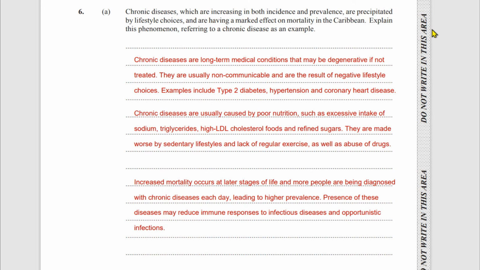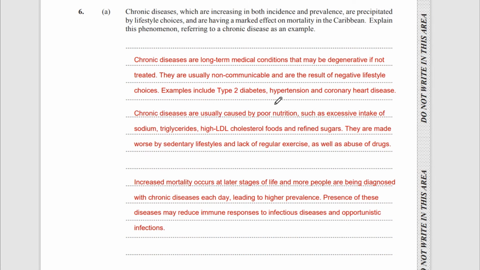And they usually are degenerative, or they may progress into something worse over time if not treated. Examples like type 2 diabetes. They are usually non-communicable, which means that they're not infectious and not caused by pathogens, viruses, bacteria, and so on, and are the result of negative lifestyle choices. This could be like poor nutrition, sedentary lifestyles, lack of regular exercise, but that's a sedentary lifestyle, abuse of drugs, things like that.